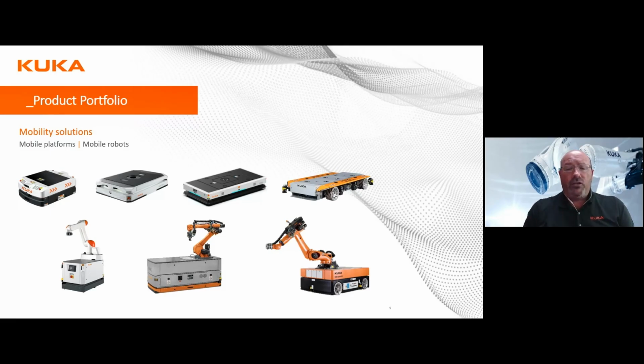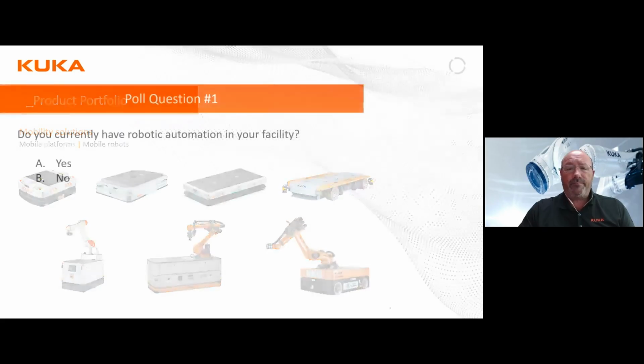Moreover, the addition of industrial and collaborative robots riding on top of these mobile platforms opens up additional use cases to expand the reach and flexibility of automation in the machine shop. If you have a chance to visit KUKA at Automate this coming week, you'll see some of these mobile units in use at our booth.